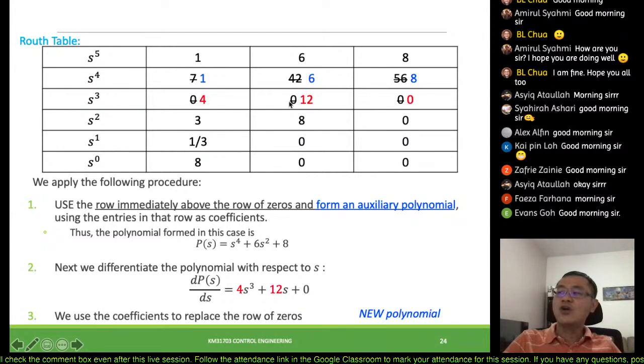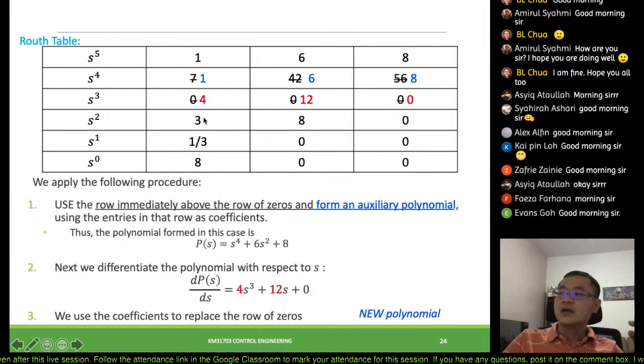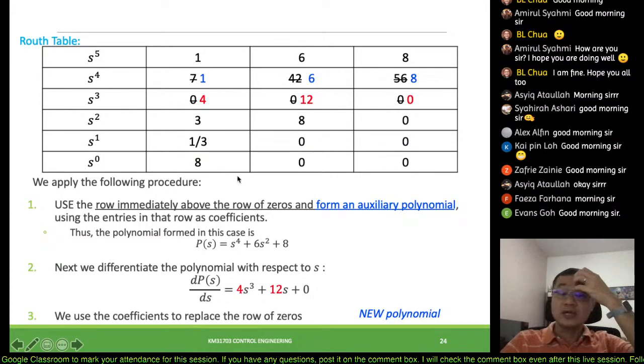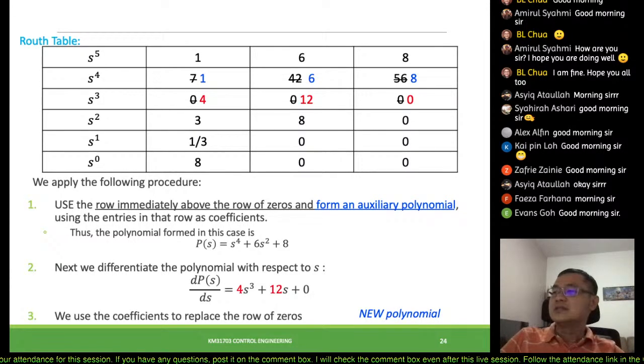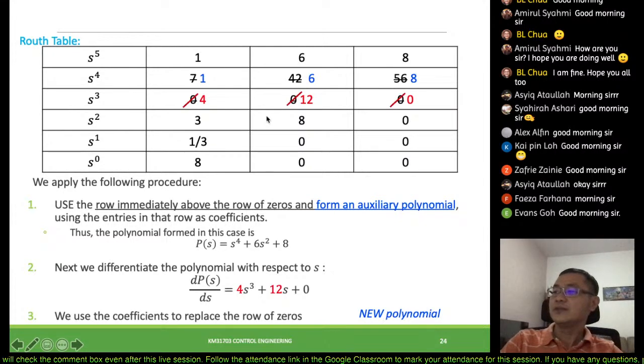Instead of all 0, where we put a row of zeros, we form this by differentiating the auxiliary polynomial, and then we continue with the new values. Once we have 4, 12, 0, the next step we just do as usual. We do with 3, we get 3, 8, 0, and so on. Just solve accordingly. We have 1, 4, we get the determinants and so on. Just repeat accordingly.